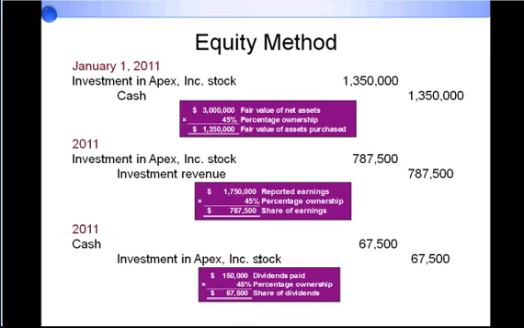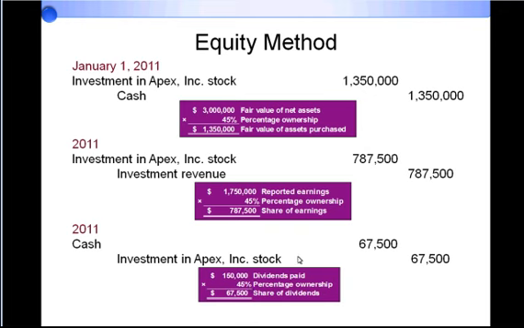Now, when we look at the actual dividends, we're saying that's a bad thing because now that value is not kept in the company. Instead, it's been distributed out. So we debit cash for the actual money because we did receive it. So you can't really say it's all a bad thing. We did receive the cash. First of all, $150,000 was the total dividends, times 45%, which is our share. That's $67,500.